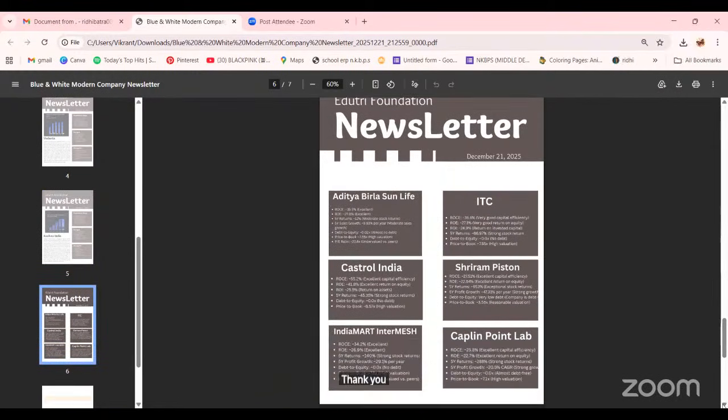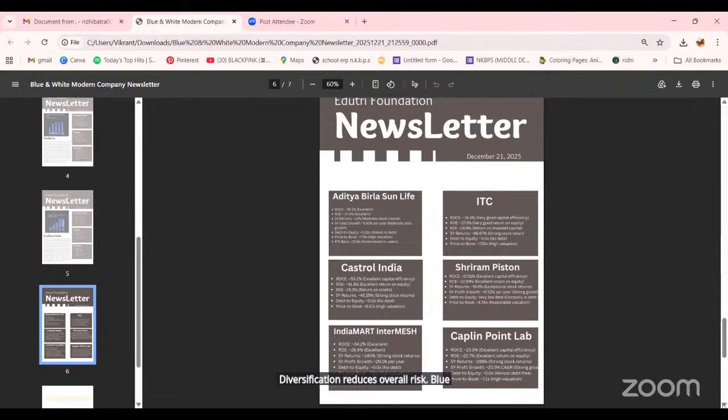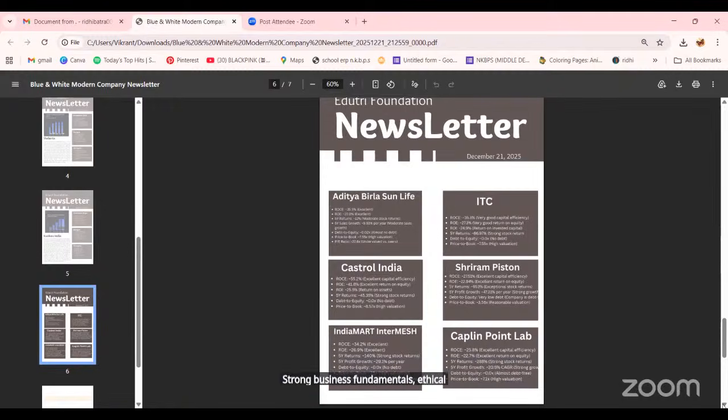Thank you, Mahi. The greatest strength of this investment strategy lies in its long term vision. Diversification reduces overall risk. Blue chip companies provide stability and trust. Growth oriented companies increase return potential. Our focus was not only on short term profits, but also on strong business fundamentals, ethical management practices, and sustainable future growth.